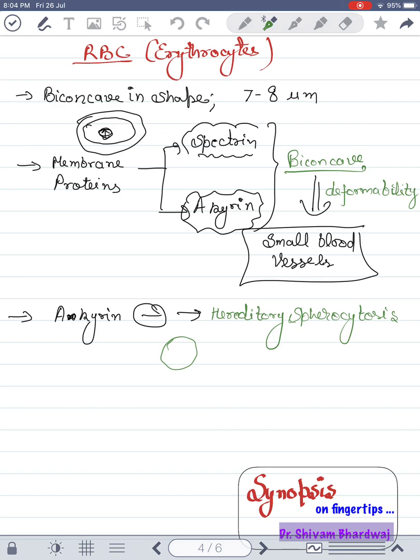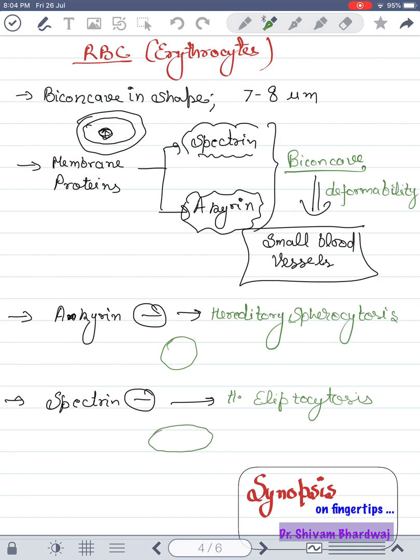So it is known as hereditary spherocytosis. While if there is a problem with the spectrin, the absence of spectrin, it may lead to hereditary elliptocytosis. So the cells will become elliptical if there is a problem in the spectrin or the spectrin is not there.